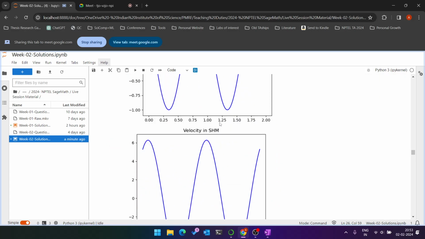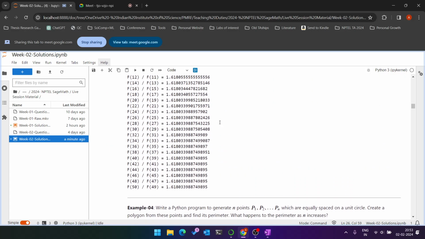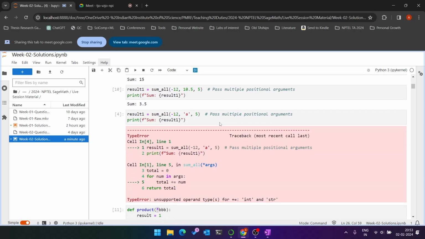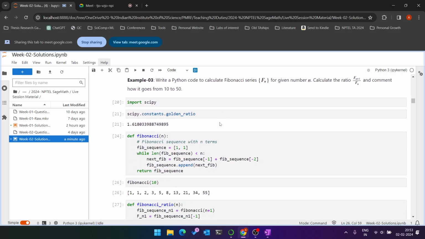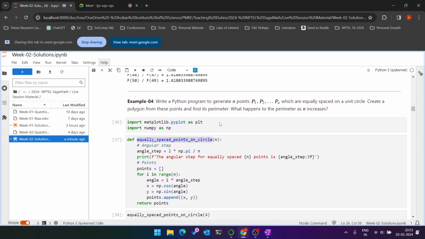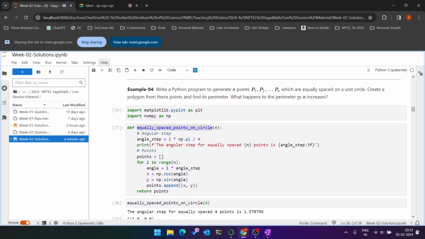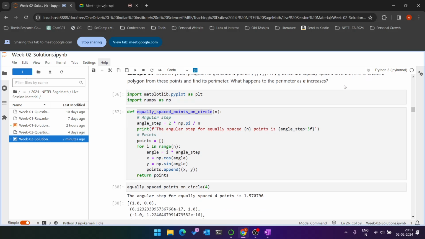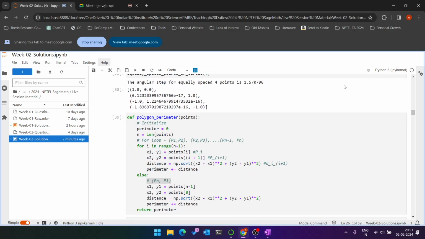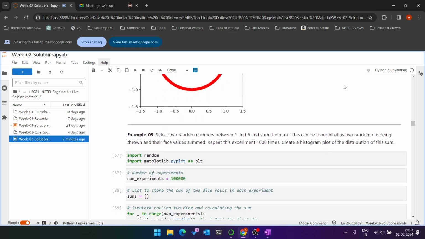I tried to address some of the pending issues or concepts that were mentioned in the class, including args, keyword args, how to import a module from a different directory, and how we can use a polygon with equal sides inscribed in a unit circle to try and estimate the value of pi.